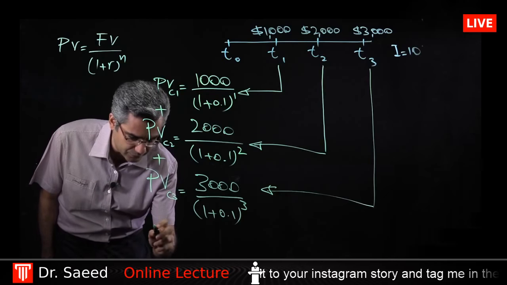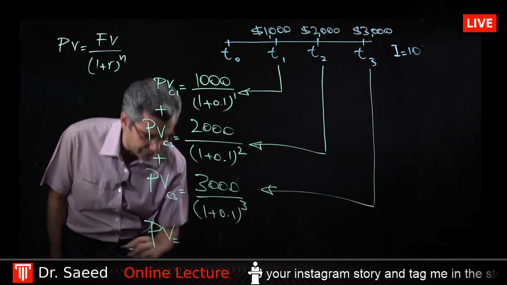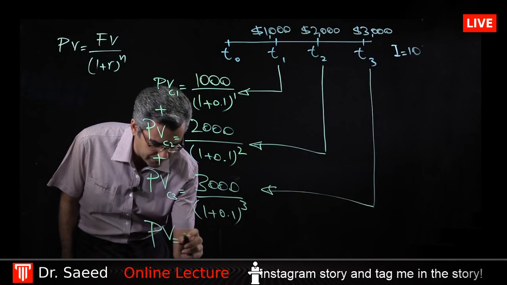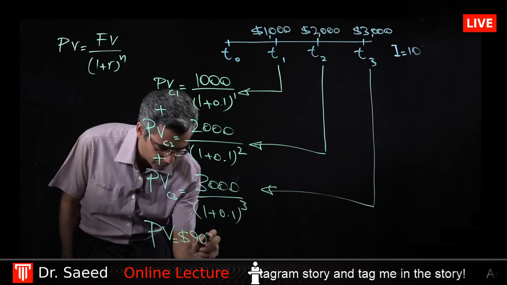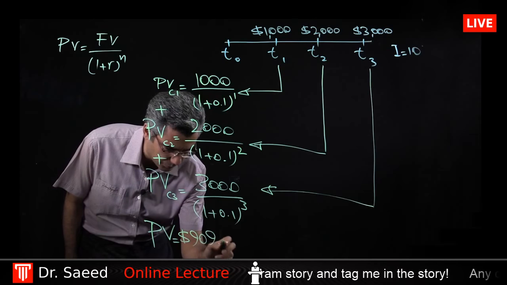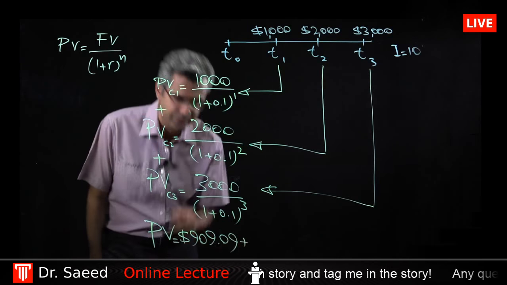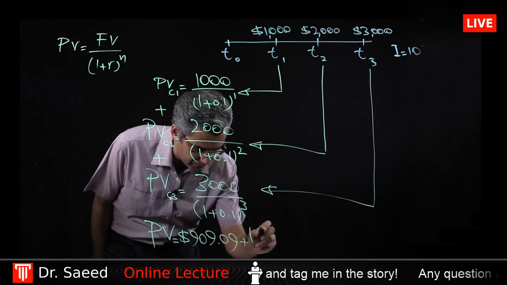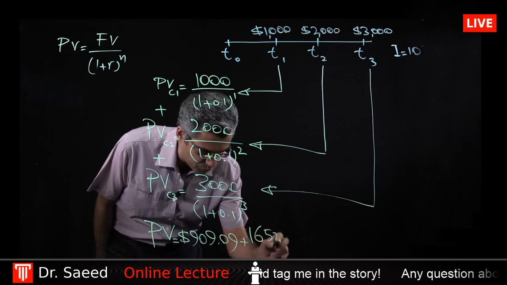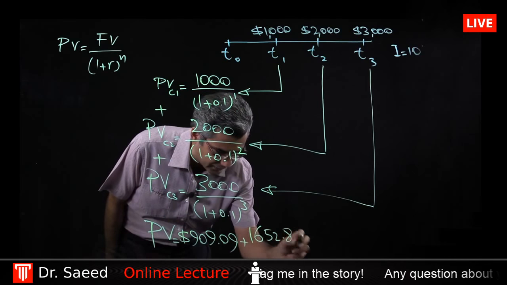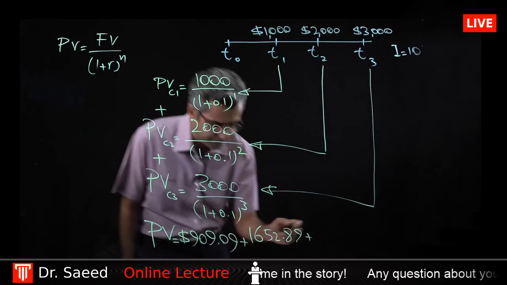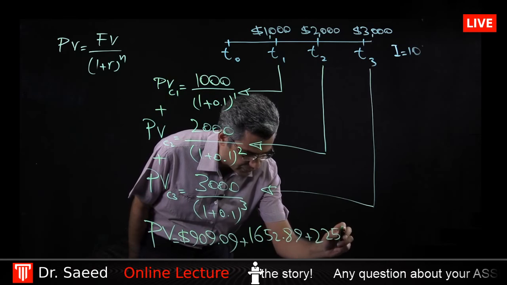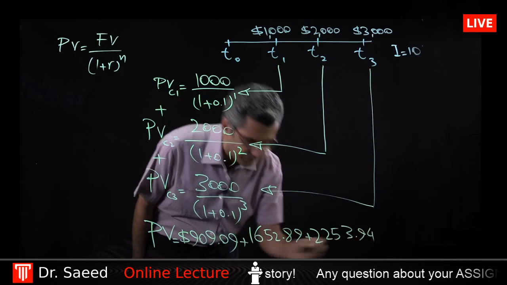And if you do the calculation, the present value of the first one will be $909, plus the second one, which will be 1,652.89, and the third one will be 2,253.94.